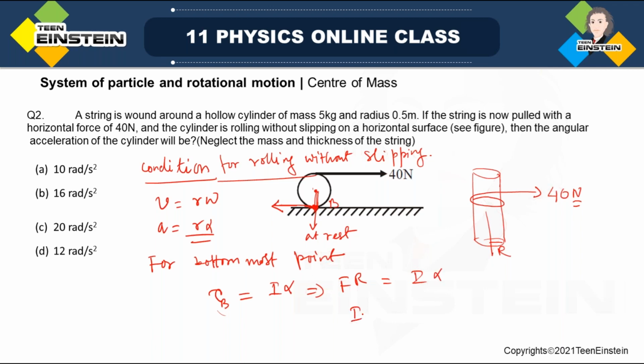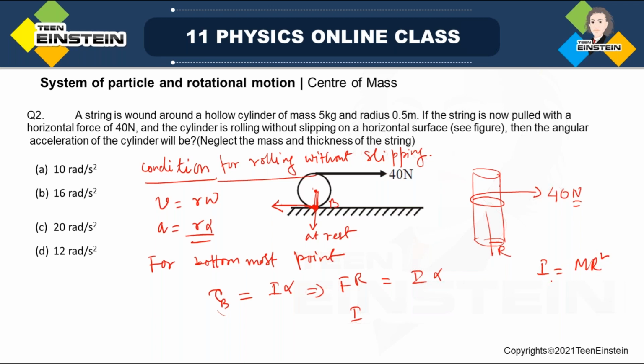where I will be the moment of inertia of this cylinder. This is a hollow cylinder, first of all. For a hollow cylinder, the moment of inertia about its own axis is m r square alone.